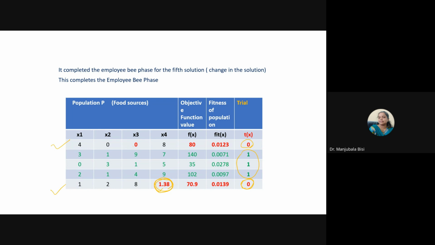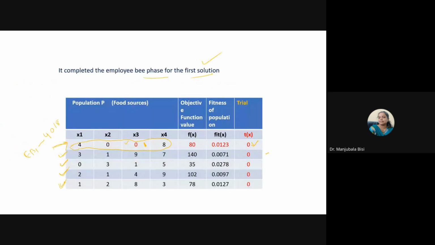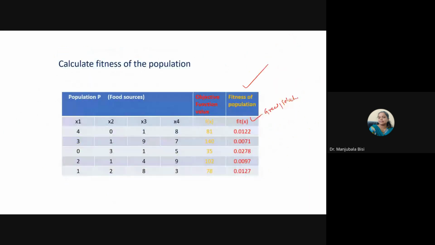So we have started with the initial population. If you remember, I think this is the initial population. This is not the initial population, this is the initial population, right? Now after applying the employee B phase, here we are getting a change and here we are getting a change, right?